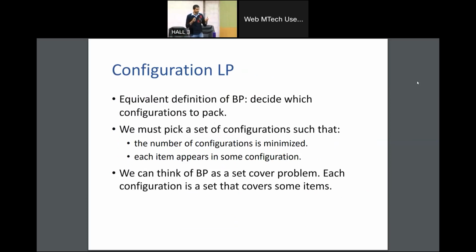So the problem can be equivalently stated as: we must pick a set of configurations such that the number of configurations is minimized and each item appears in at least one configuration. Another way to think of it is that bin packing is a set cover problem where each configuration is a set that covers the items that are there in that configuration.